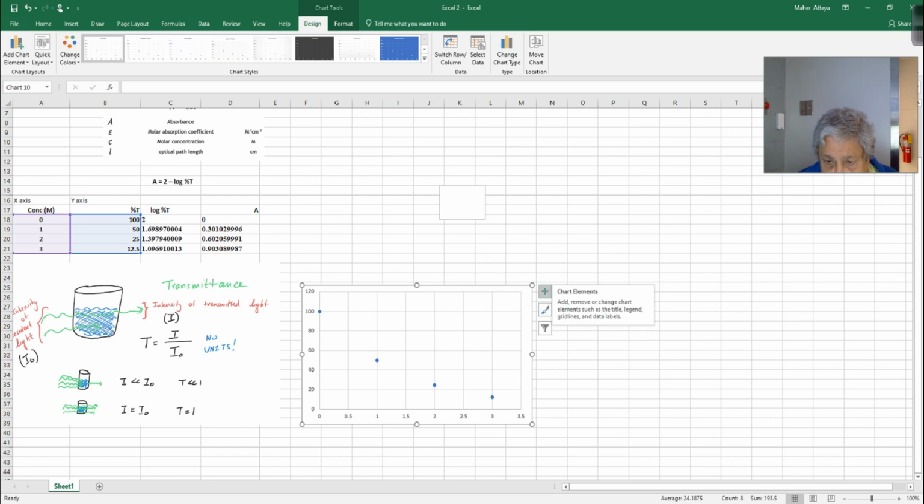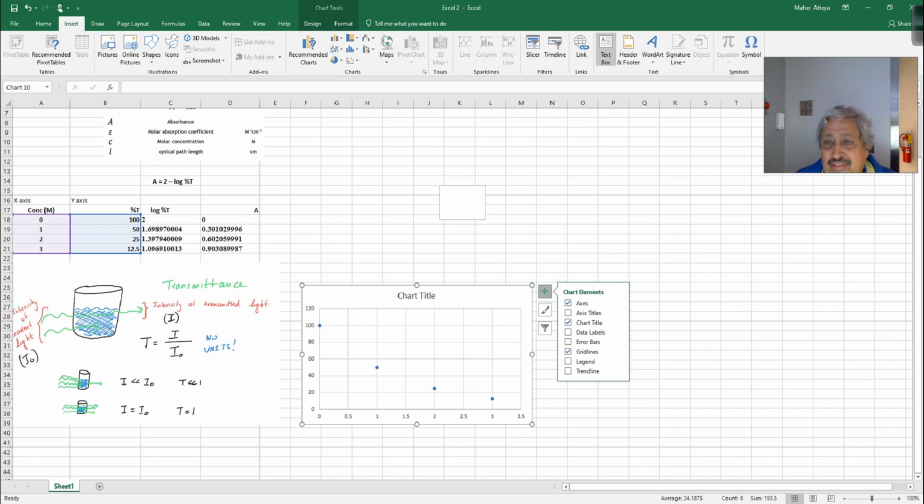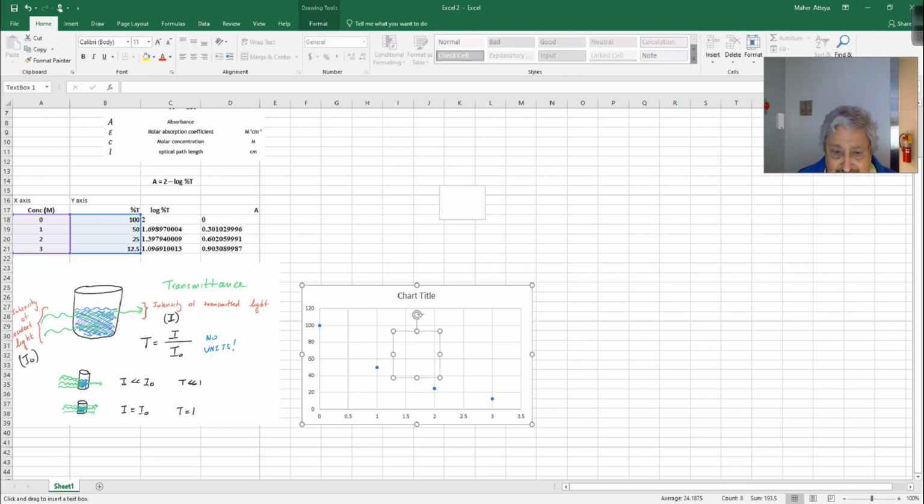Chart style, chart element, chart title. Sometimes it doesn't allow you to write all the title here, so I will insert a text box and see what will happen. Yes, so I can take this one out.